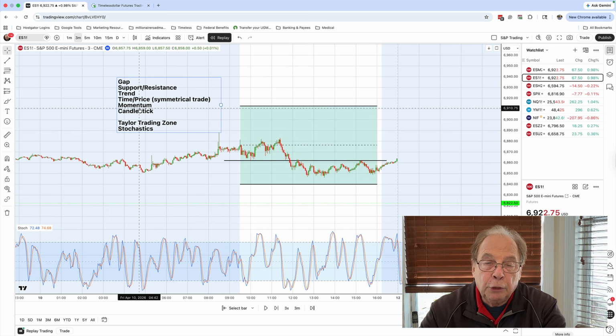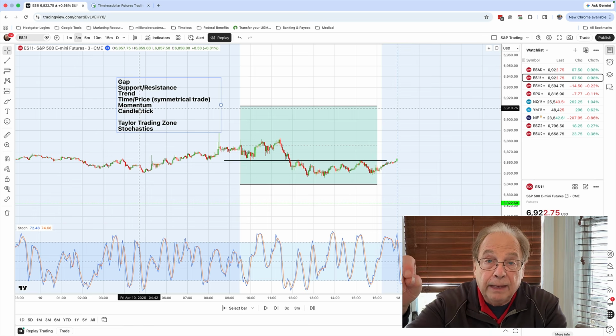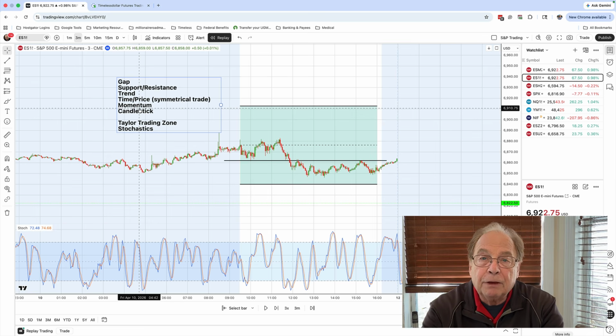The momentum trades are where prices, and you've seen this, all of a sudden, out of nowhere, move violently or quickly in a positive or a downward direction. Momentum. There's no real setup for a momentum trade. It's a trade setup, but there's really no indication that it's going to happen.